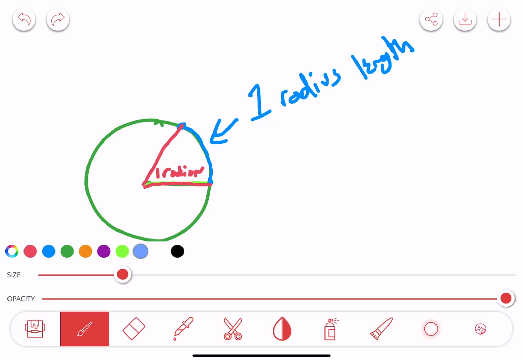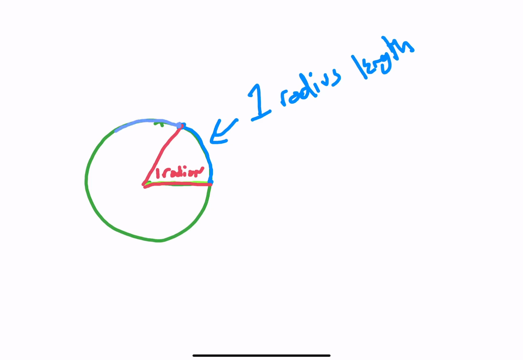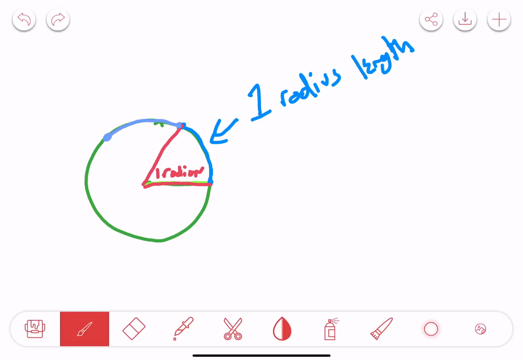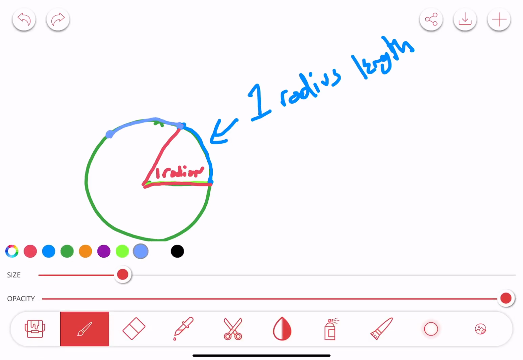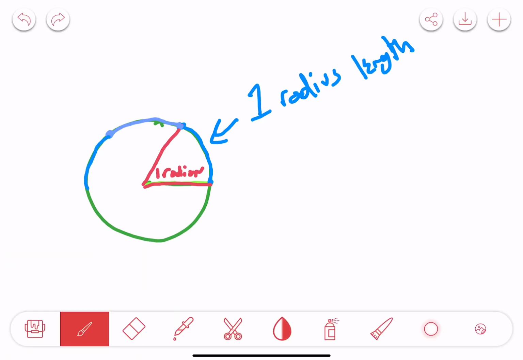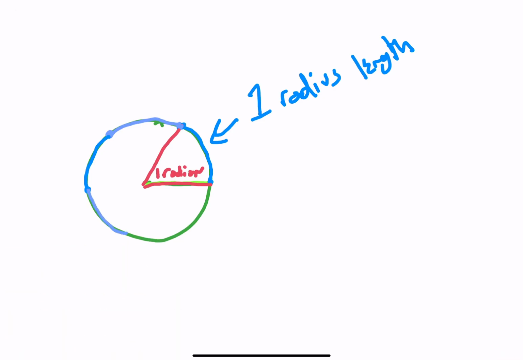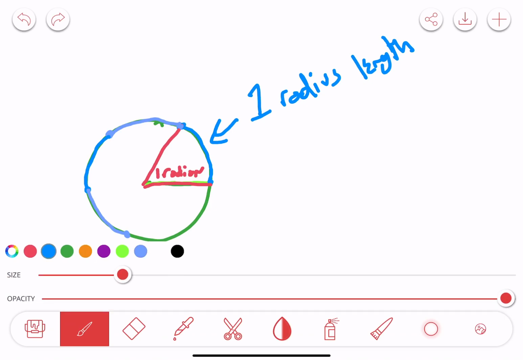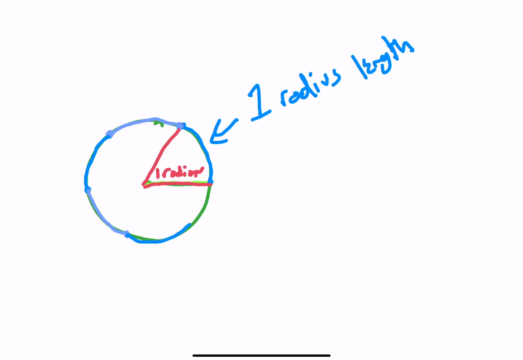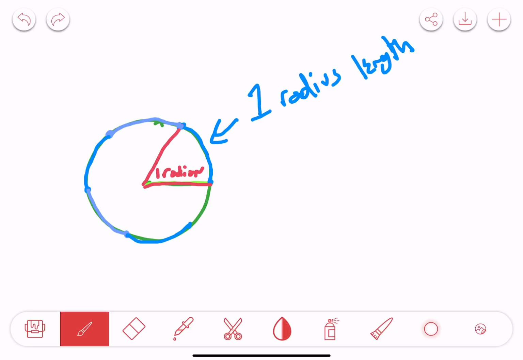If I did this radius length again, maybe right there. That looks a little big, doesn't it? Let's try it again. Maybe right there. Now you can do this at home with any size circle if you want, with a piece of string. You just keep wrapping the string around the edge of the circle. One, two, three, four. I must be doing these too big. Let's try this again.